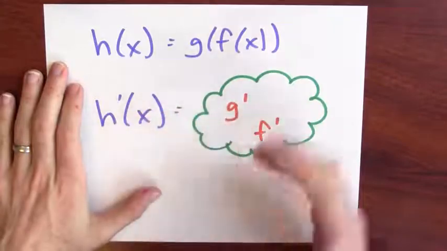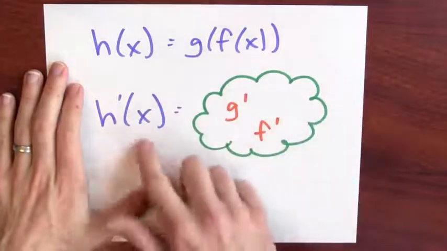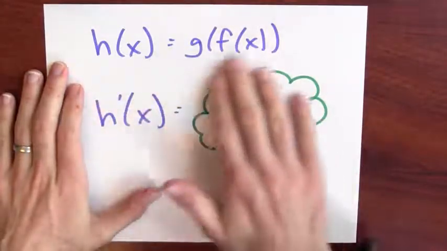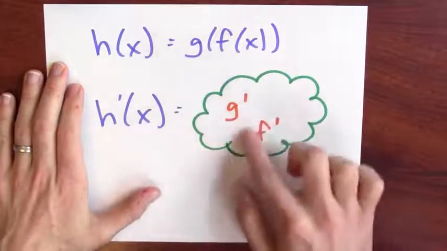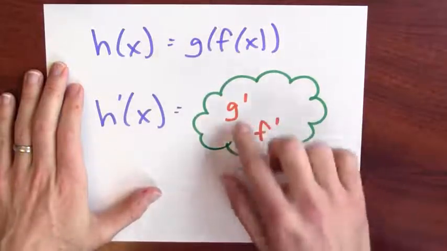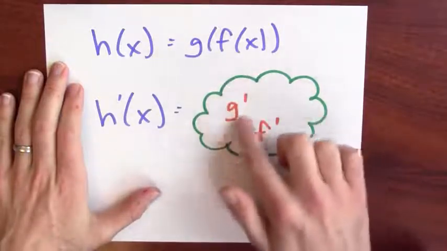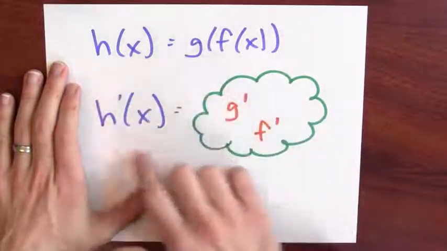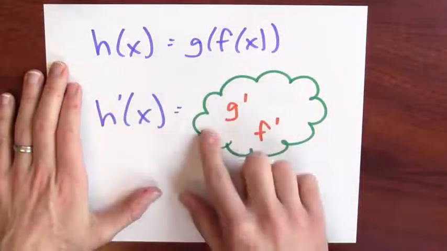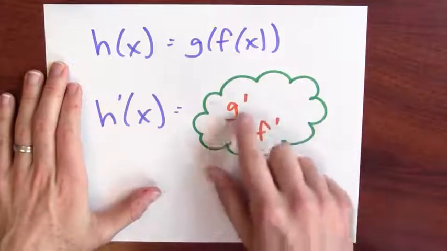And I'd like some sort of formula that gives me that answer. I'd like to know the derivative of h in terms of information about how x's changing affects f and how changing the input to g affects g. I want a formula for the derivative of h in terms of the derivatives of f and g. This is exactly what the chain rule does.